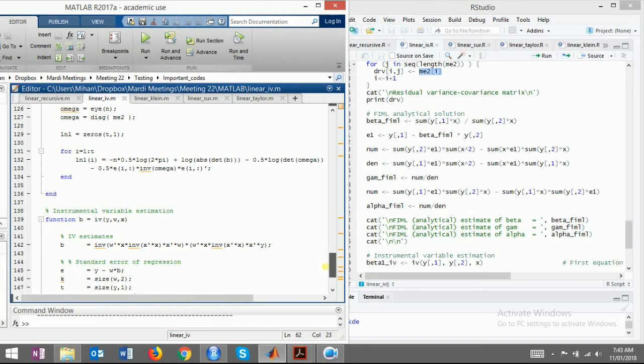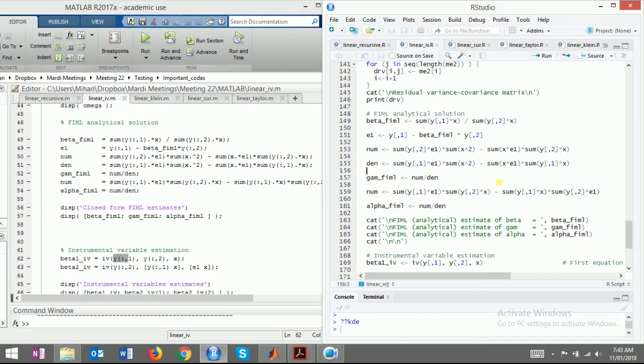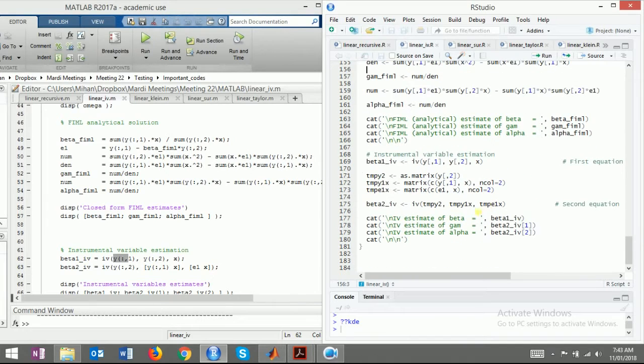We want the results as matrix. As matrix TMP y2 is combined y1 matrix C E1; TMP E1 is C E1x and column.